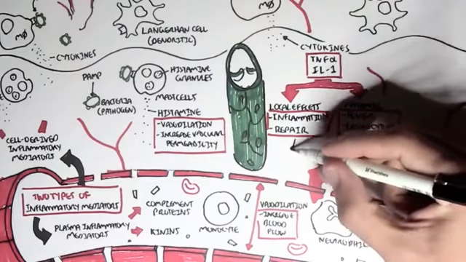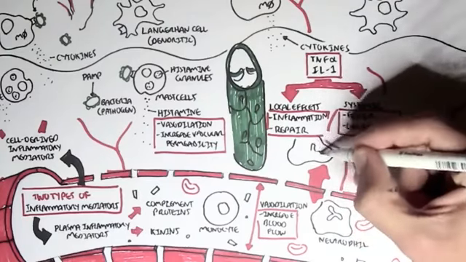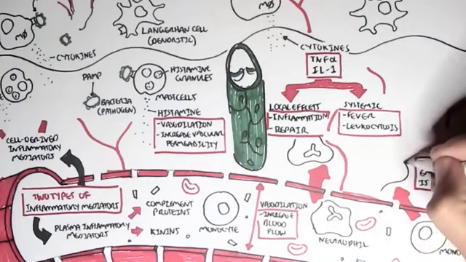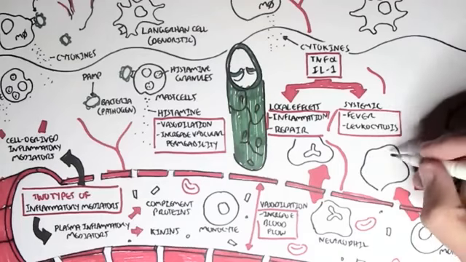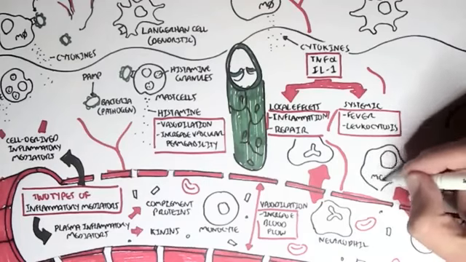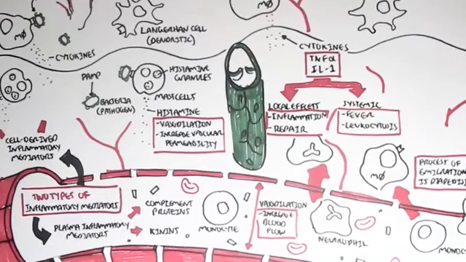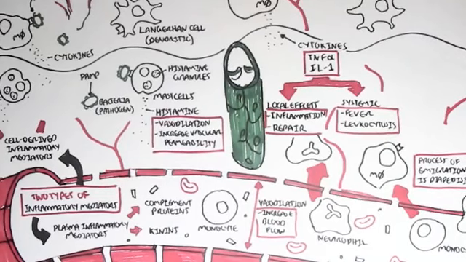So anyway, the cytokines will also promote the immigration of these immune cells from the blood vessels into the inflamed tissue, such as neutrophils and monocytes. When the monocytes move from the blood vessel into the tissue, they will become macrophages. So within the blood vessel, while circulating, they are known as monocytes. But once they enter tissues, they are known as macrophages.